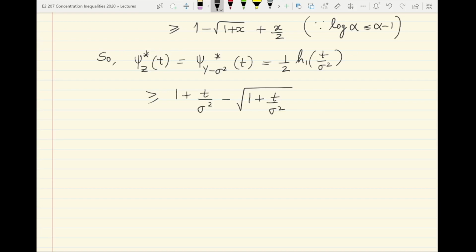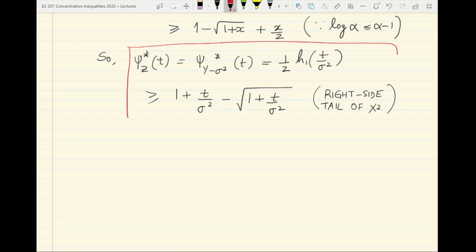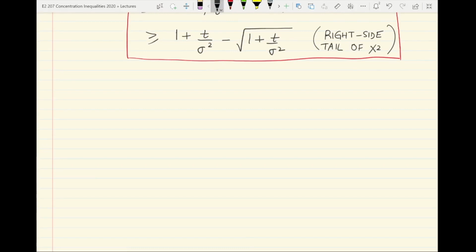Okay, so this is the right side tail bound for y, or for x square really. Which gives you some insight about how this bound looks as a function of t. So it's essentially a linear function in t minus the square root of 1 plus a constant times t. On the other hand, the left side tail of x square, which is really the right hand side tail of minus x square or minus z, can be bounded in the following way.